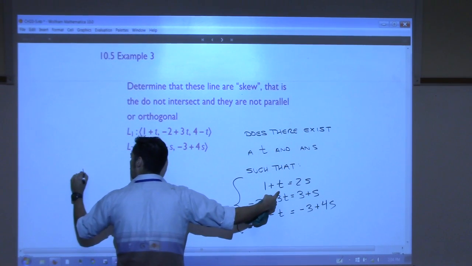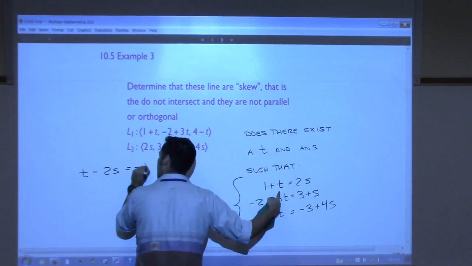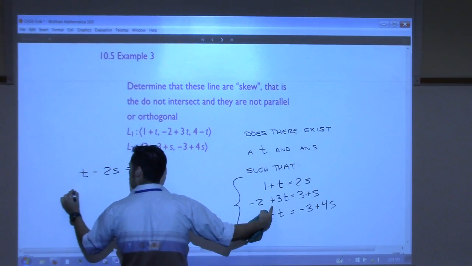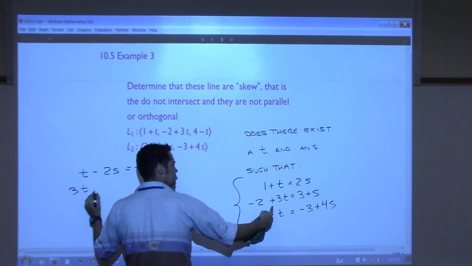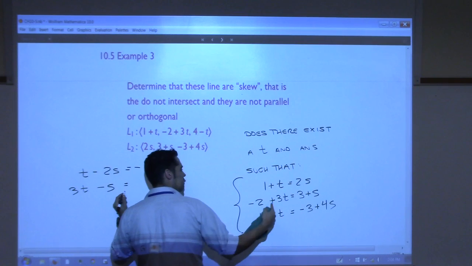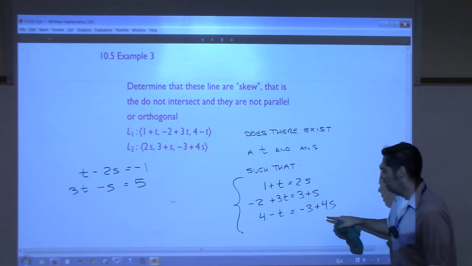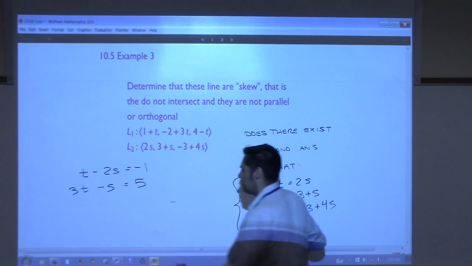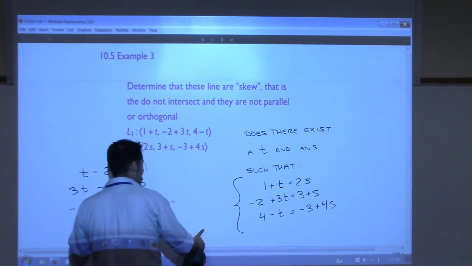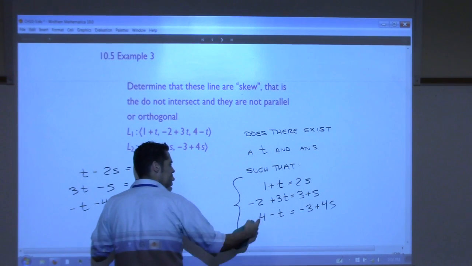I'll leave the t on the left, bring the 2s over, and take the 1 to the other side. On this one, I'm going to leave the 3t on the left, bring the s over. Y'all double check me here. Take the negative 2 to the other side. That look right? And the last one, negative t, and then bring the s over, minus 4s, and then negative 7.